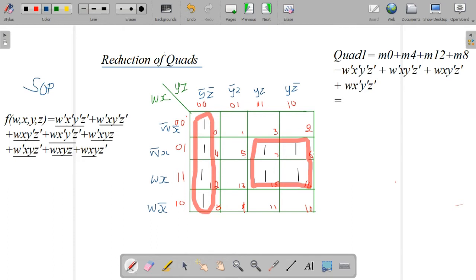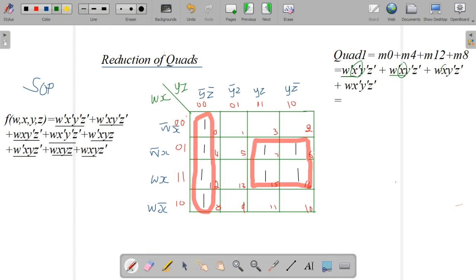Next, we have to check whether there are 2 variables changing from complement to uncomplement form. Which are the 2 variables that we need to find? Here you can see W dash, X dash, both are the same. Then W dash, X: here X is changing.